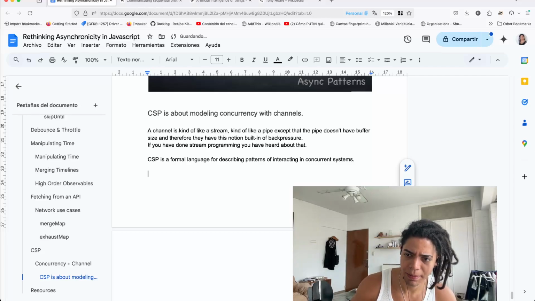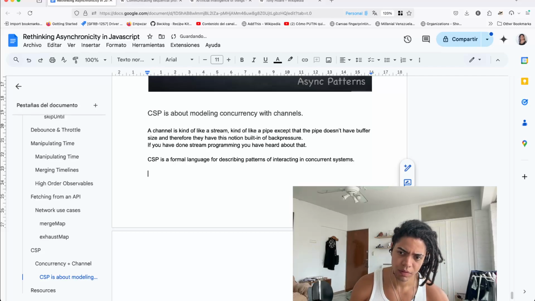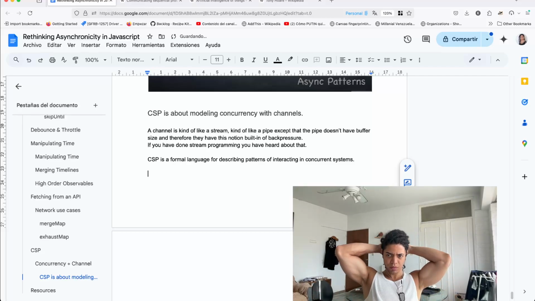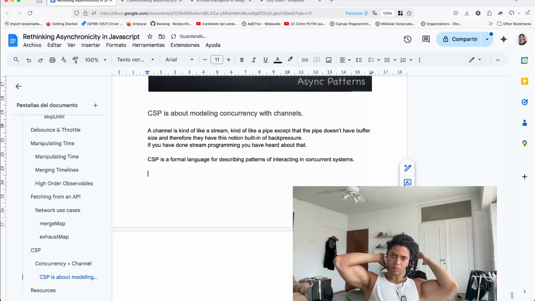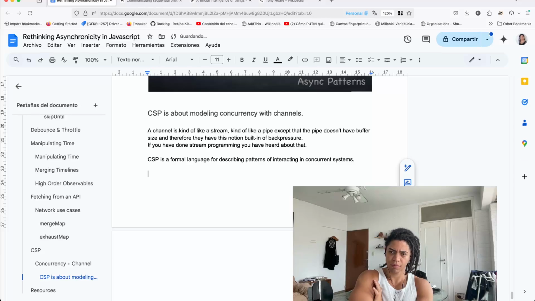One message transfers through the channel. Quite simple. So another way of modeling that signal is to use a channel in a CSP system. Because a channel, as I said, is like a pipe that can only take one message at a time, and it automatically has back pressure. What that means is, you can't send me something until I'm ready to take it, and I can't take something until you're ready to send it. Everybody follow me? There's no queue there.